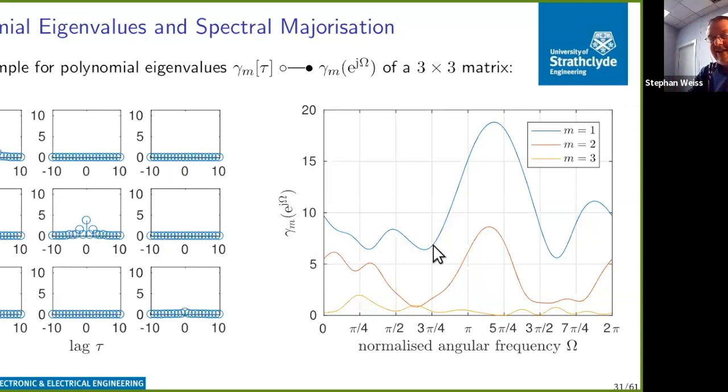On the right-hand side, you have the power spectral densities, so the Fourier transforms of these eigenvalues. And you see that if you cut across for any frequency along the normalized angular frequency axis, you always have the ordering that the top eigenvalue, the blue one, is the top one, the red one the second, and the yellow one the last. It doesn't always quite work out like that, but at least this is how spectral majorization is defined.